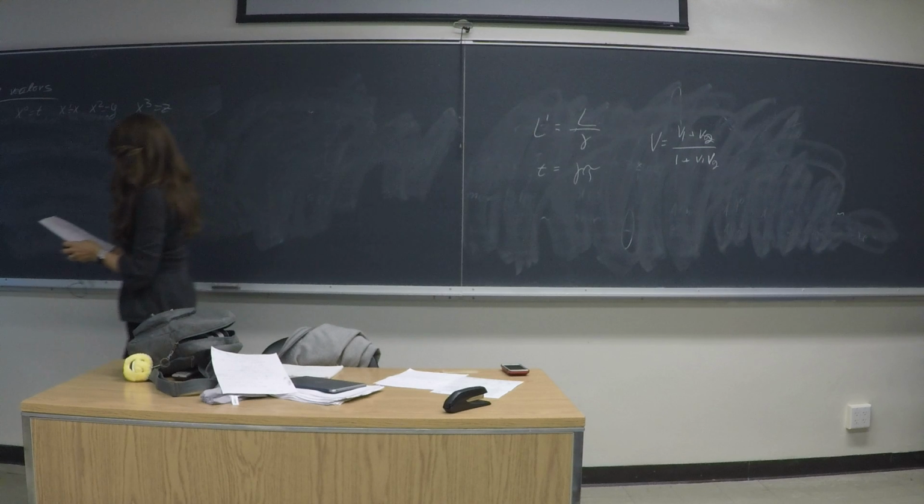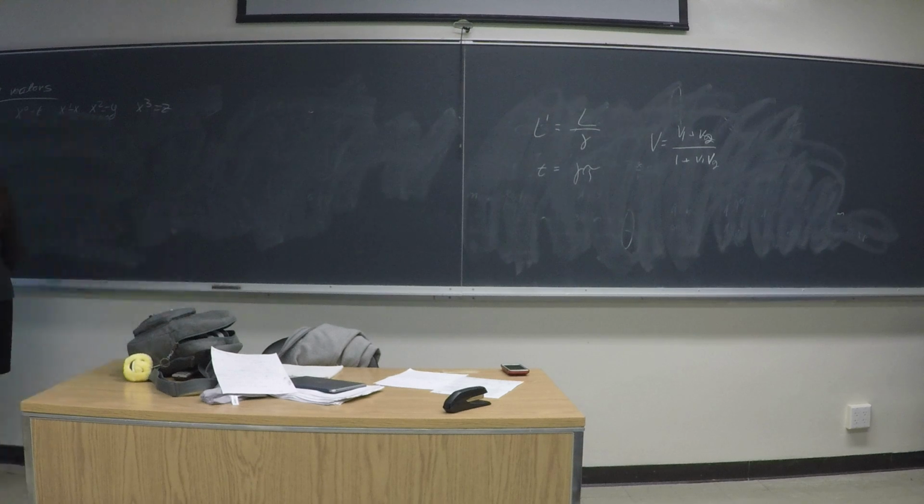Okay, so first, the way I write the Lorentz transformation. This vector will be written in the notation x mu, where mu goes from 0 to 3. Now, the Lorentz transformation will be written as this matrix.